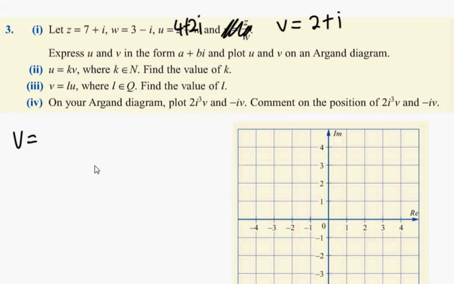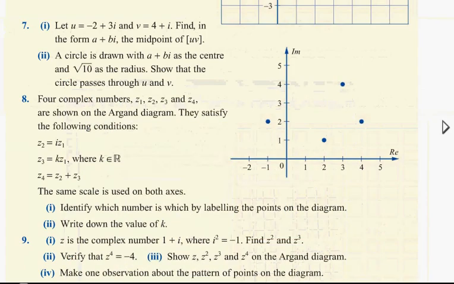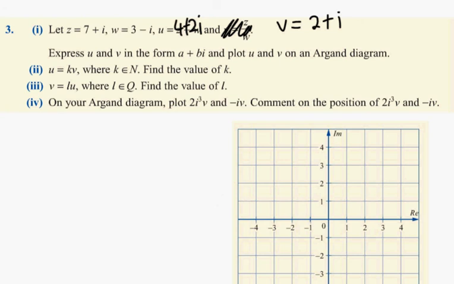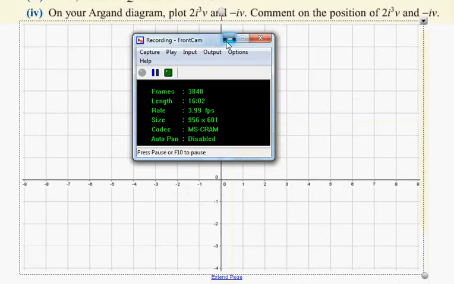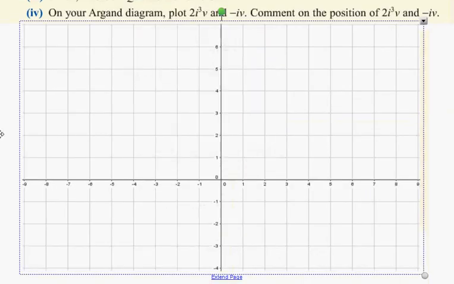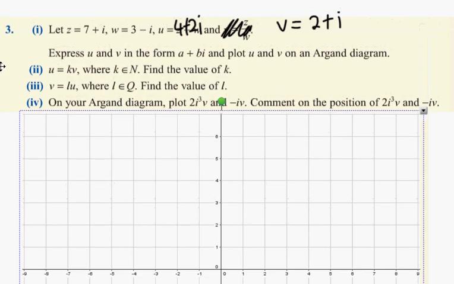Now we're on the parts we haven't done. Now, I'm going to draw them on the Argand diagram. So where is Z? I need a bigger Argand diagram, don't I? Now, what we get here, guys, is we've got to draw these out.